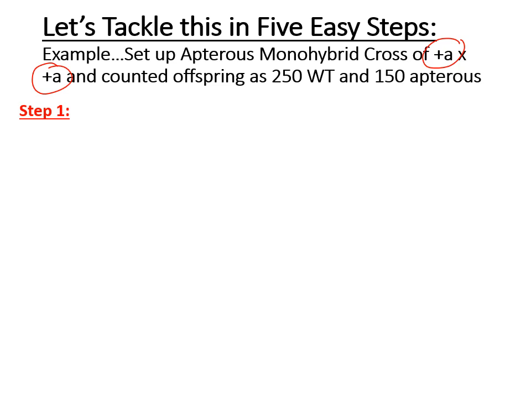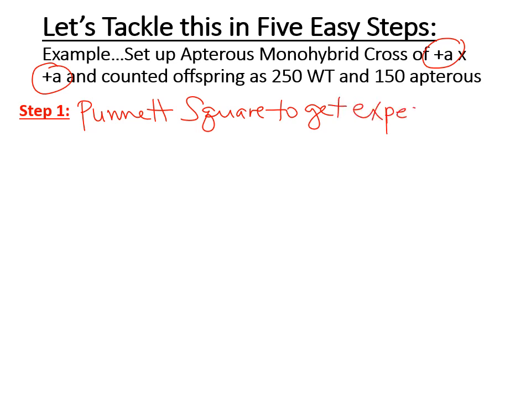Now, when you want to do chi-squared, the first step is to do the Punnett square to get the expected results, because we already know what we've observed. But now we need to do a Punnett square to get the expected, those E values.